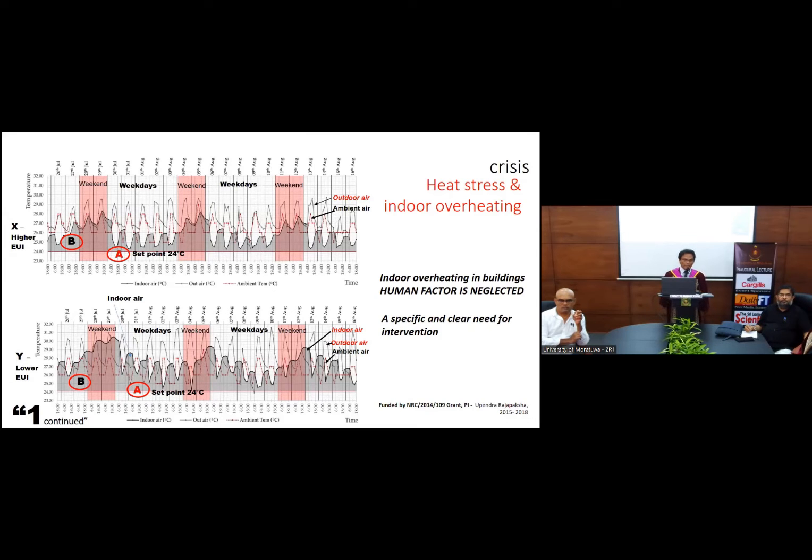And the purple areas are weekends. On the weekends, the building's internal temperature moves to extensively higher levels. So this is the problem that we have in our commercial buildings, in our office buildings in Colombo city, for example. And it's a general incident that we can imagine is common to the entire country, in most of the cities.